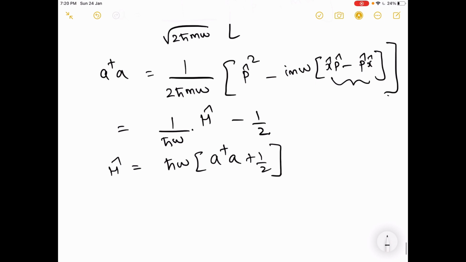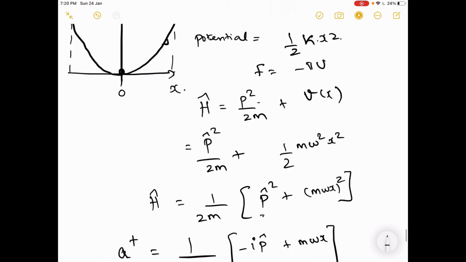Remember these are operators, so a dagger a is not the same as a a dagger. The Hamiltonian can also be written as h cross omega times a a dagger minus 1 by 2. Both of them will give us the Hamiltonian. So I have just defined these two operators to make my Hamiltonian definition simpler.